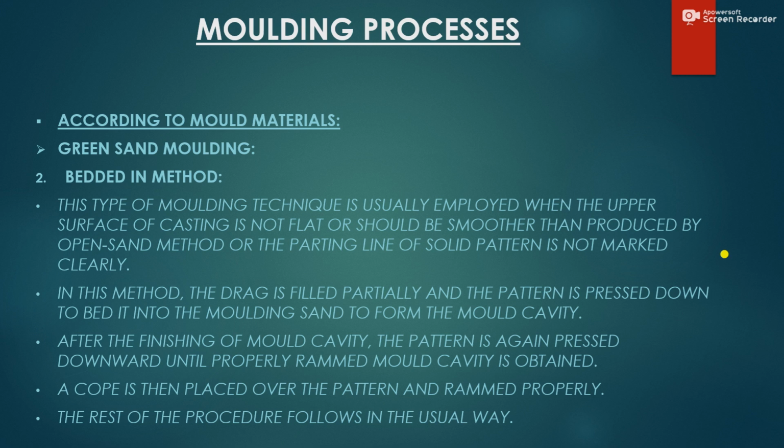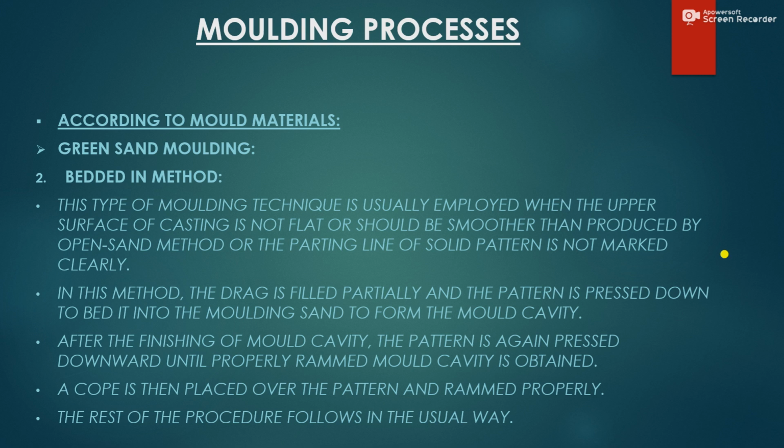In this method, the bottom part of the molding box is called the drag box. The drag is filled partially with sand, not fully, and then the pattern is pressed on the drag portion of the molding box.